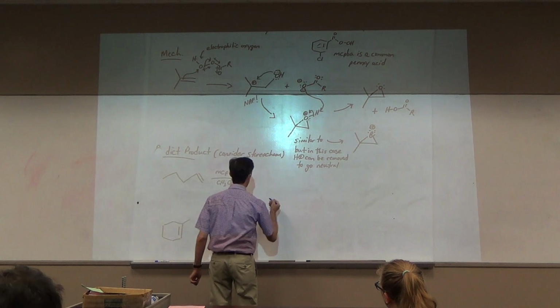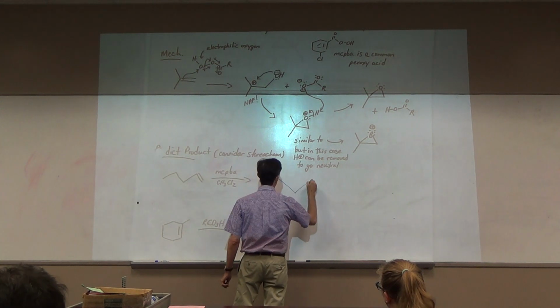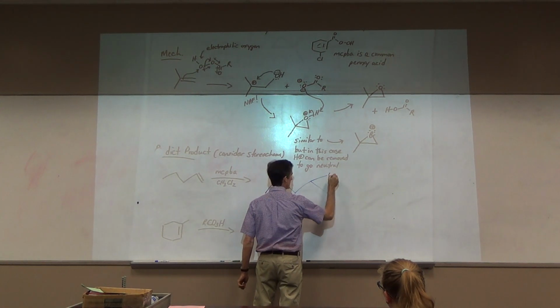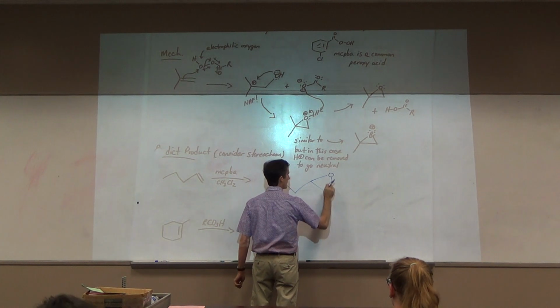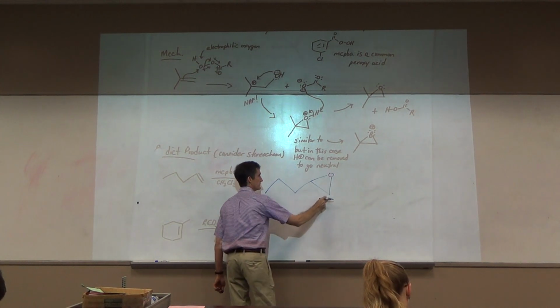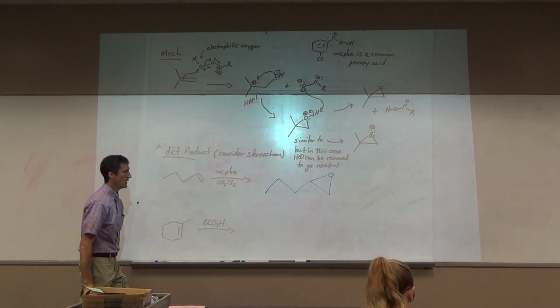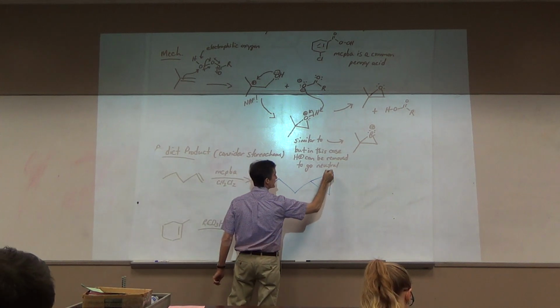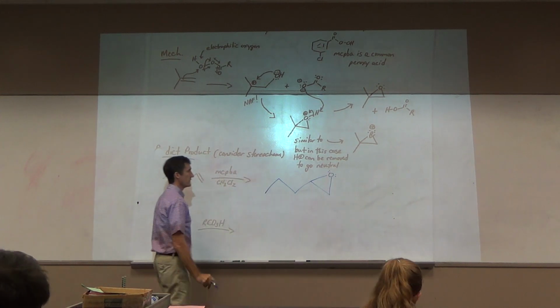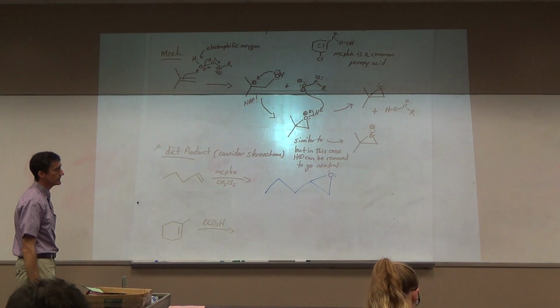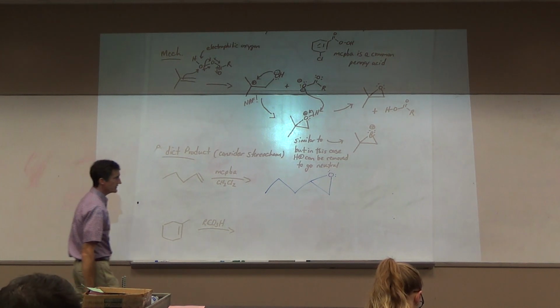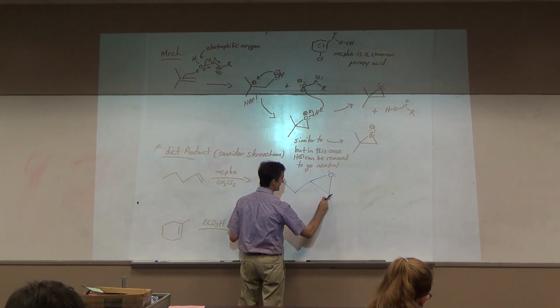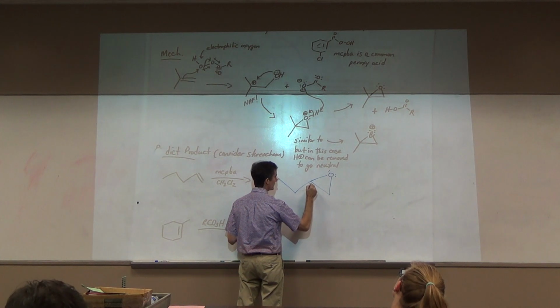MCPBA, what do we got here? Boom, boom, boom, boom. We're just going to connect an oxygen here and there, and there's your product. We can dress it up. Lone pairs. In terms of stereochemistry, that's not chiral, we just have a chiral carbon here.